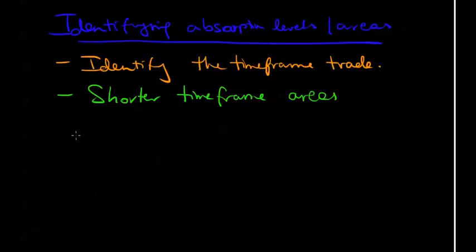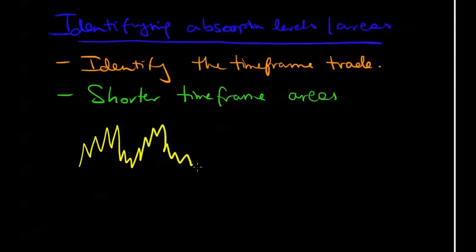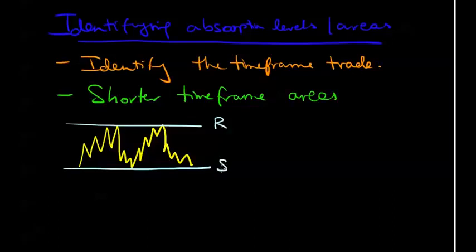To start off with a very simple base, if we've seen a market that's been doing this for quite some time, and we know for a fact that this level here is our support and this level here is our resistance, within these regions there are areas where we're going to be getting absorption.